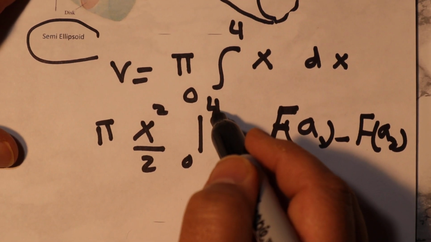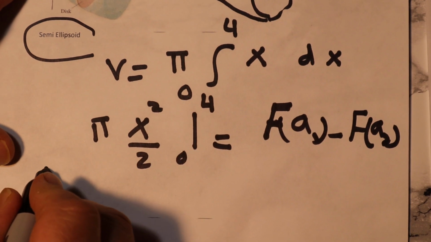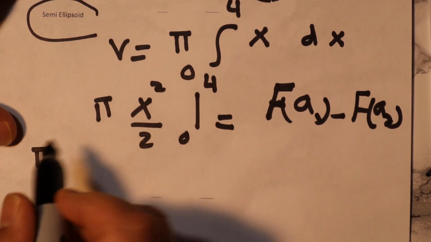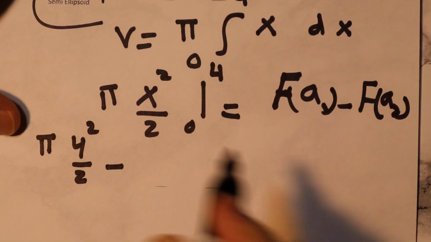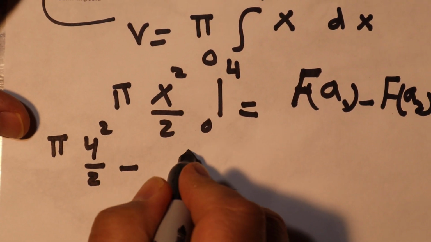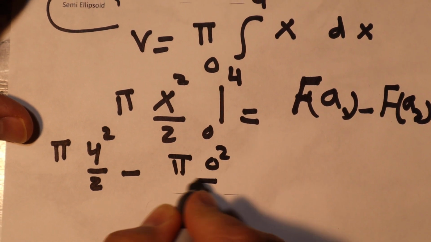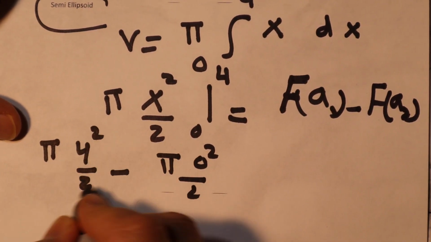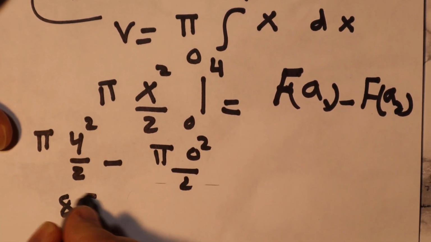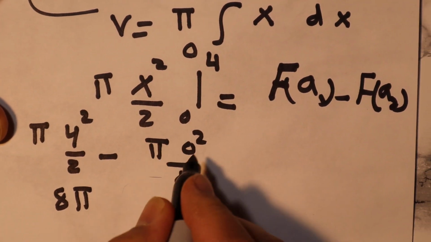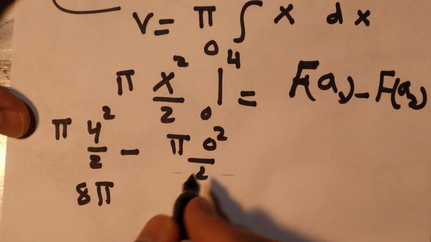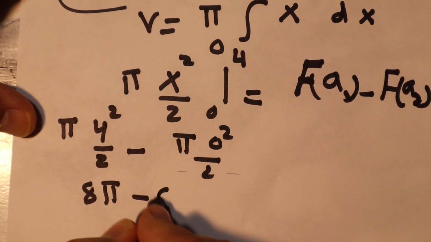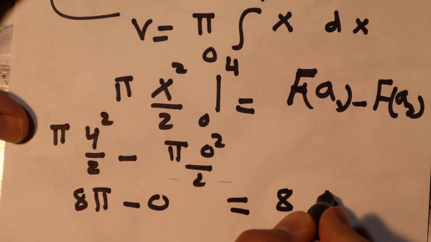So you substitute for 4, it will be pi times 4 squared divided by 2, minus, you substitute for 0, pi times 0 squared over 2. That will be 16 divided by 2, which is 8 pi. And this will be 0. 0 squared is 0, divided by 2 is 0, times pi is 0. So 8 pi minus 0 equals 8 pi.